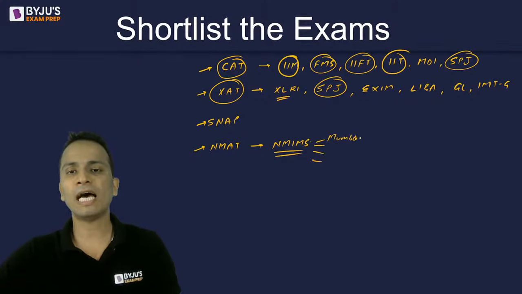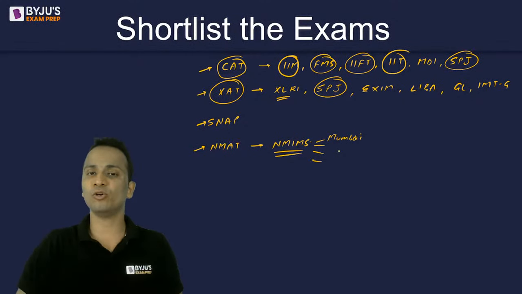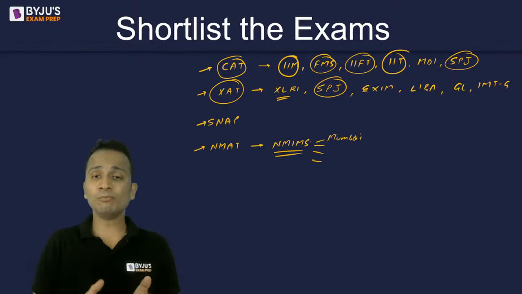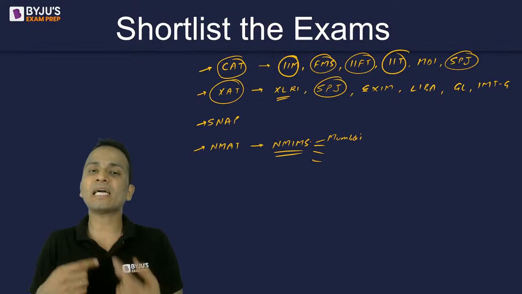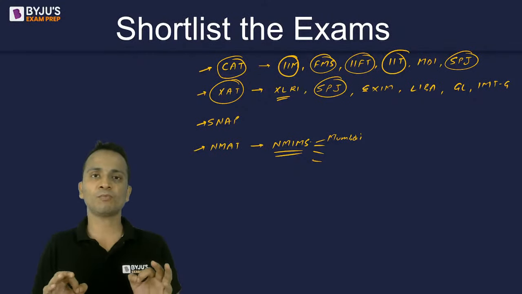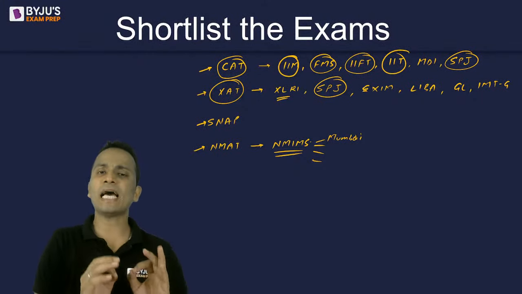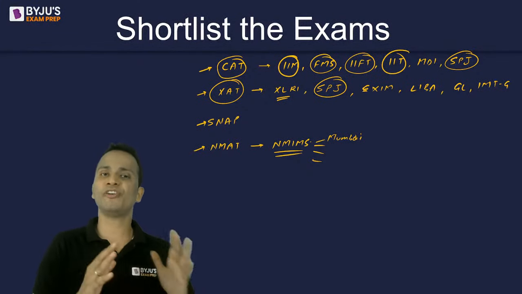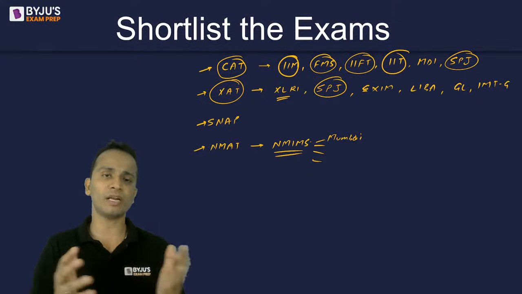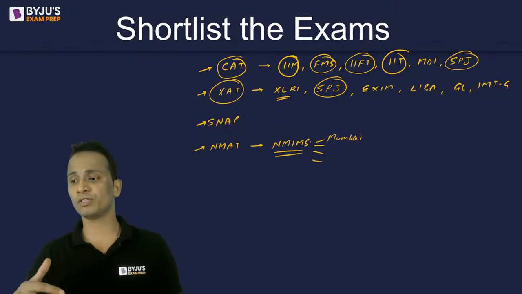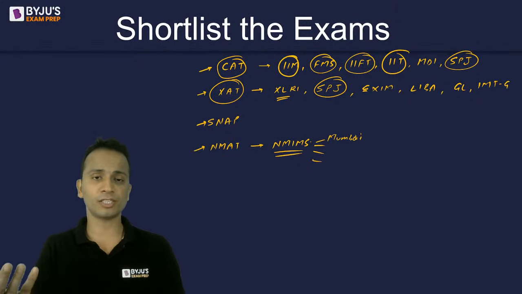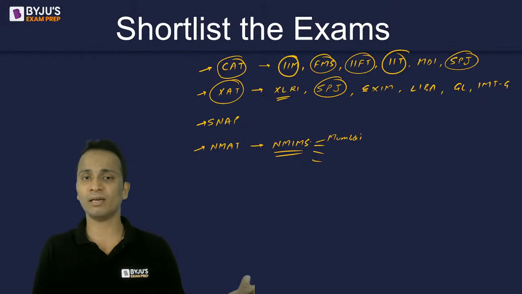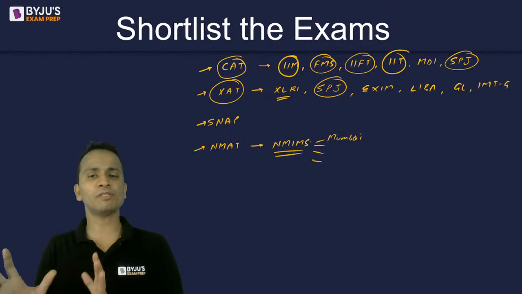All right, and it is actually a very good college. Now, Narsee Monjee Mumbai campus can easily compete with some of the IIMs, or I definitely can keep Narsee Monjee Mumbai campus above some of the third generation IIMs very easily because of the reputation of this college, because of the number of years this college has been there. All right, so NMIMS Mumbai is good.